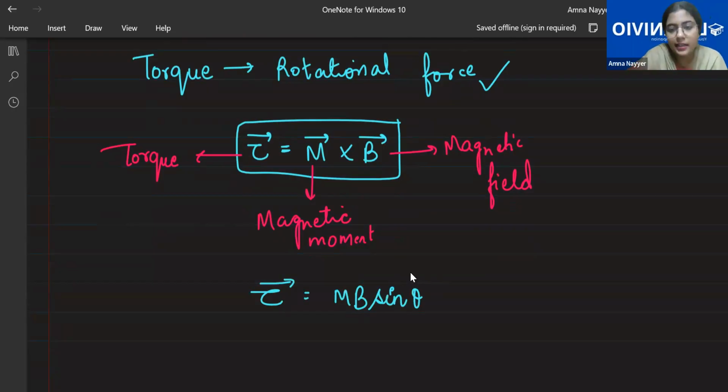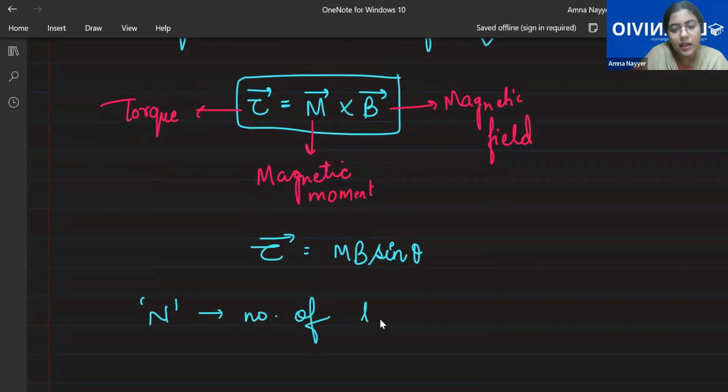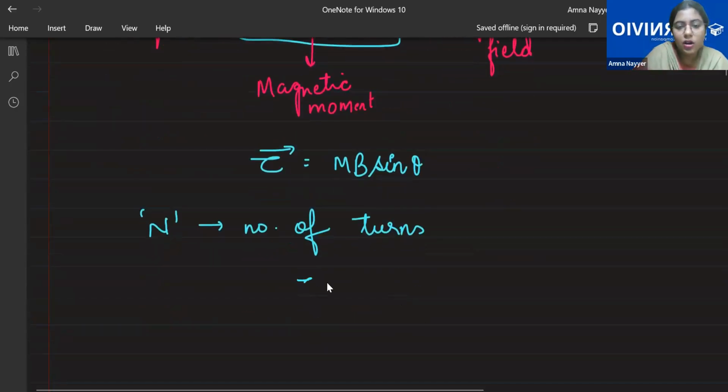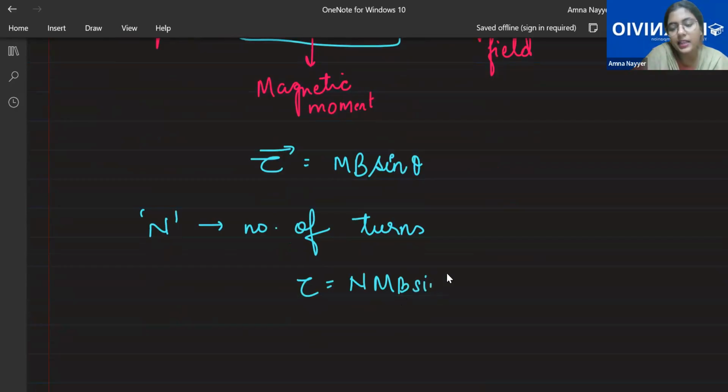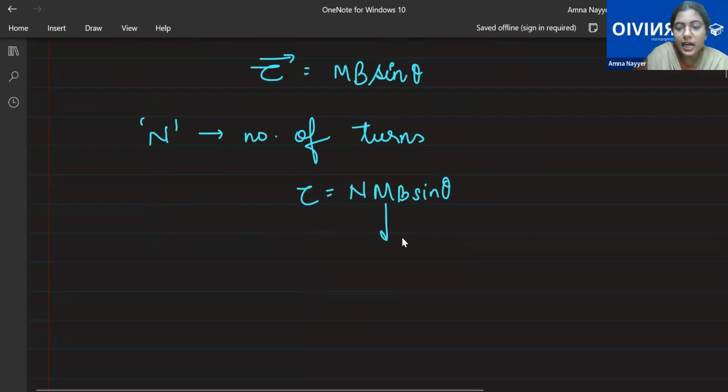MB sine theta. Okay. If n number of turns are there, then torque becomes n times MB sine theta. And what's the formula of magnetic moment? We know that this magnetic moment is equal to IA per turn.